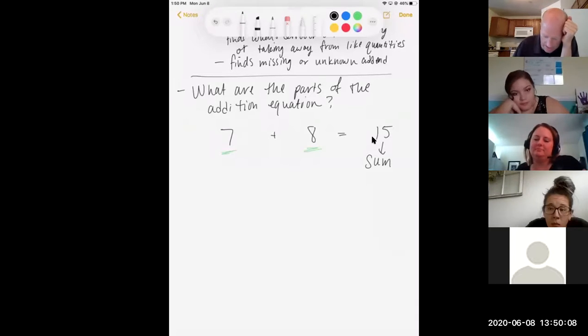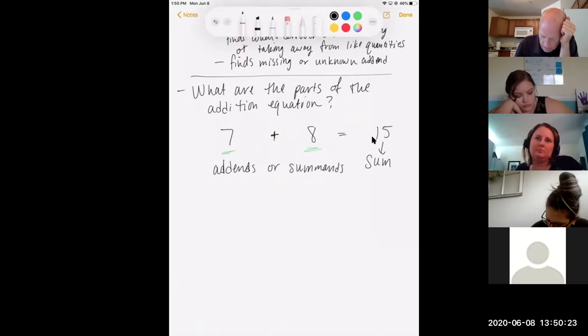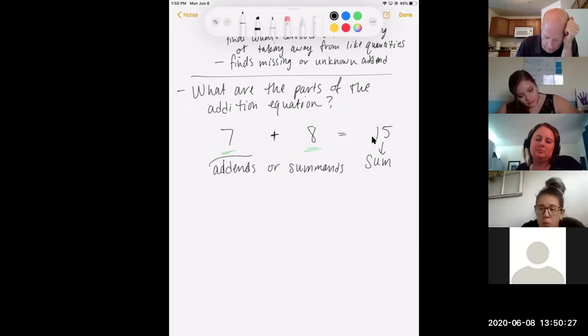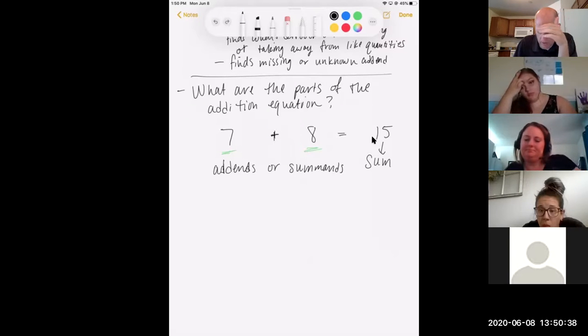Addends. Addends, right. Okay, so those two numbers are either addends or summands. Okay. So that's what these ones are. And the answer is the sum.